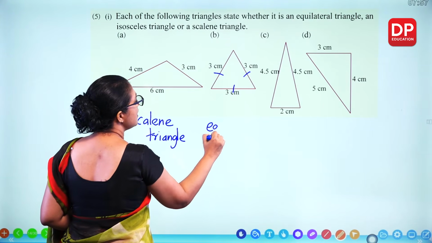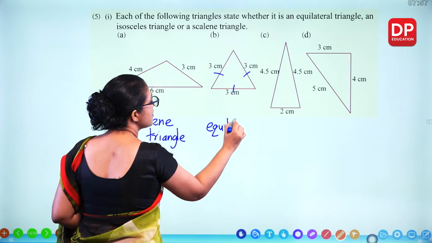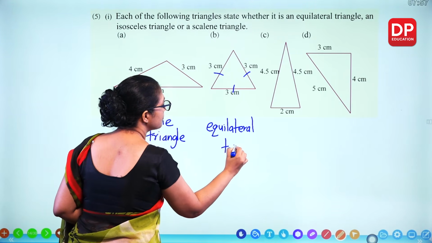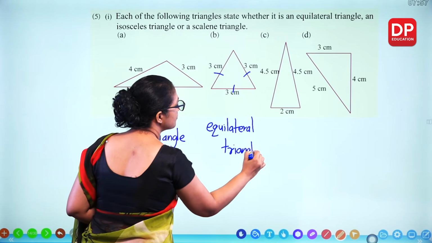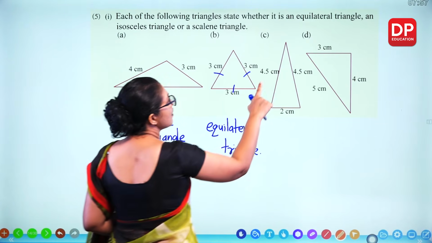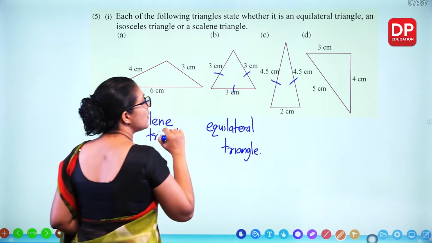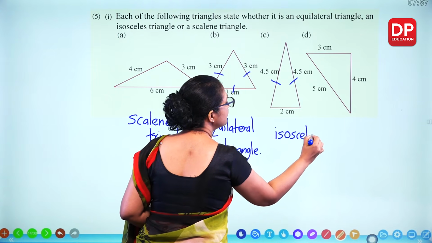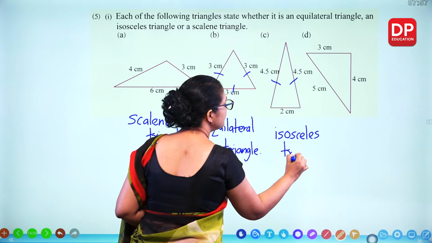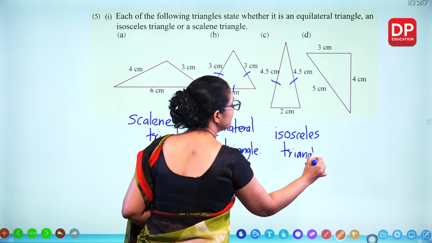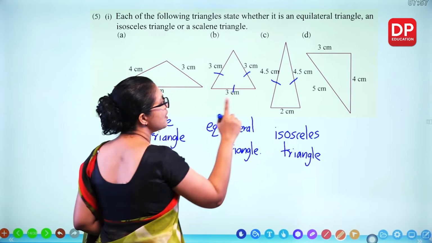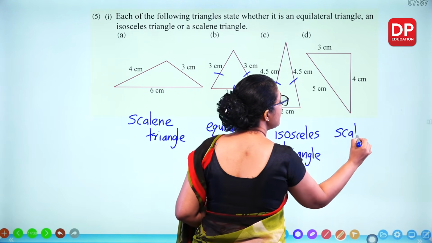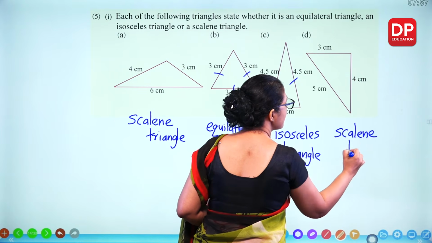That's an equilateral triangle. Two lengths are equal. Isosceles triangle. Here 3, 5, 4, all lengths are different. That's a scalene triangle.